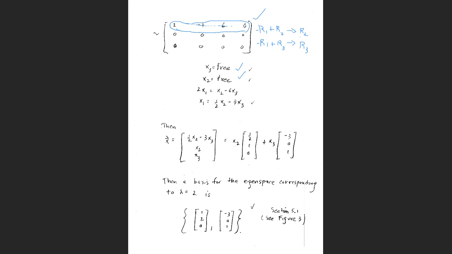Okay, so the top row will yield that 2x1 equals x2 minus 6x3. Hence, x1 is a half x2 minus 3x3.